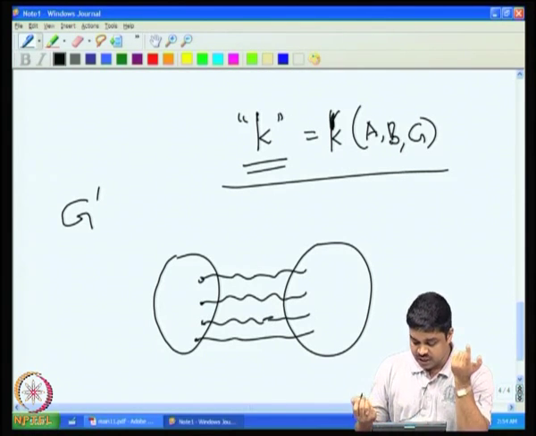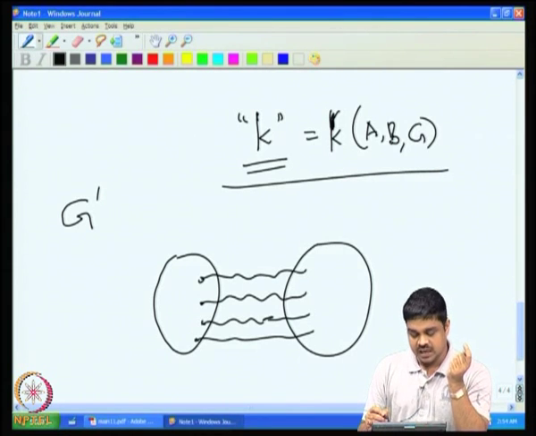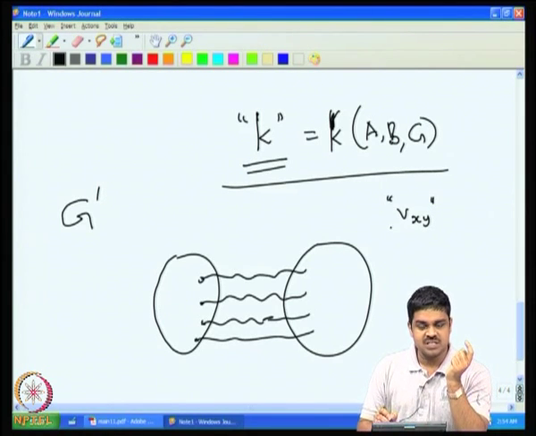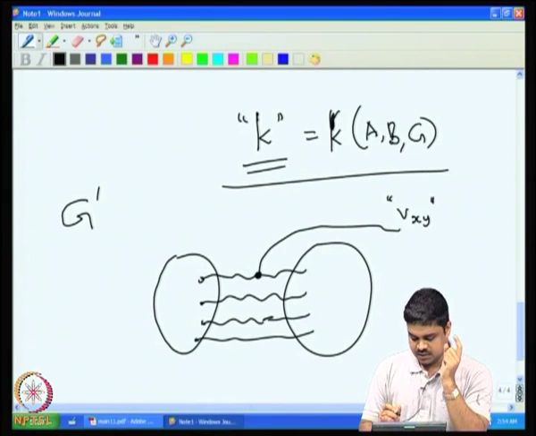We could definitely use them, and therefore, that will be contradicting the assumption that we do not have k AB paths in G. So, if at all G dash has k AB paths, the newly created vertex Vxy by contracting x and y should participate in these paths, but it cannot participate in every path. It can only participate in one path, right, because these are disjoint AB paths. At least one of these paths should contain Vxy.